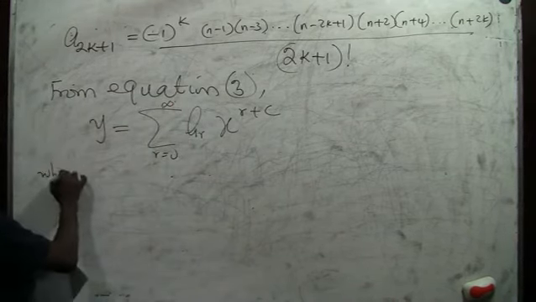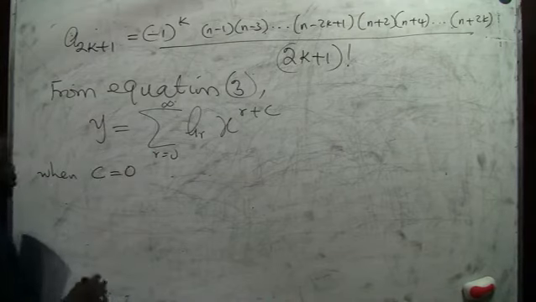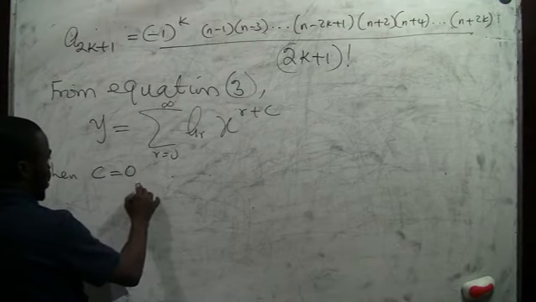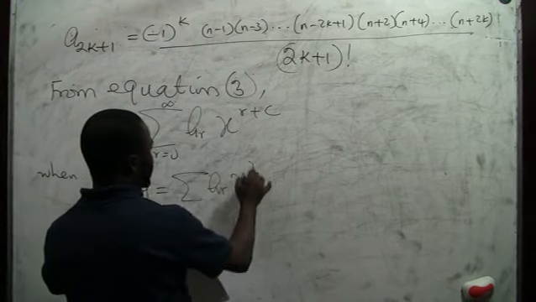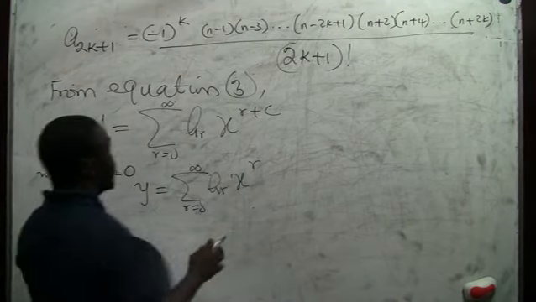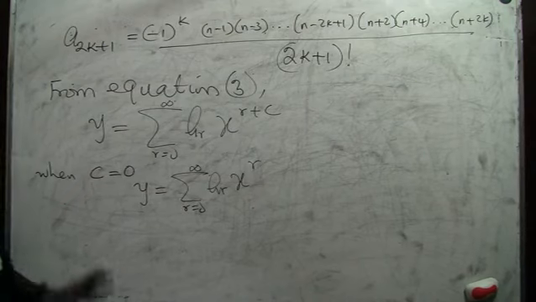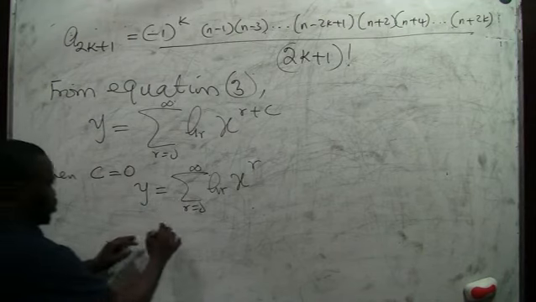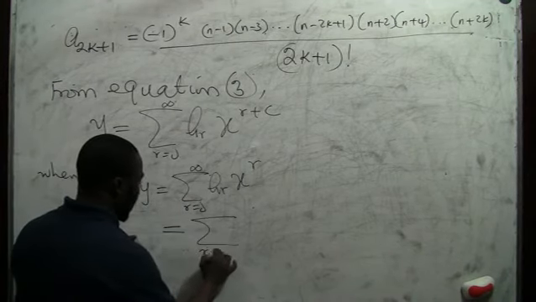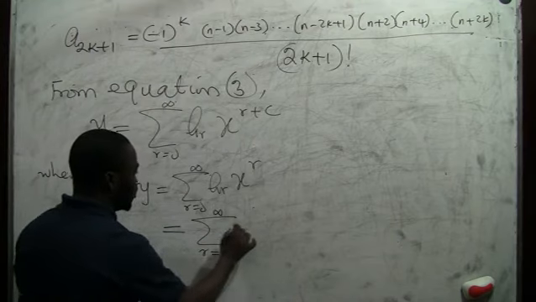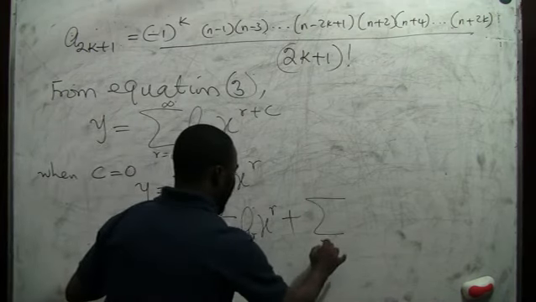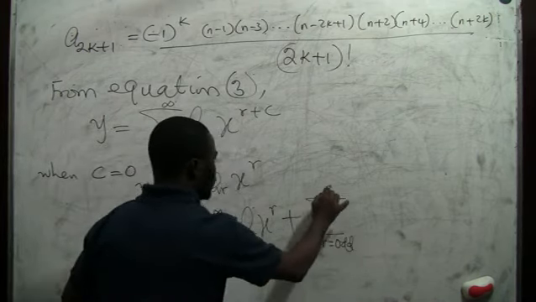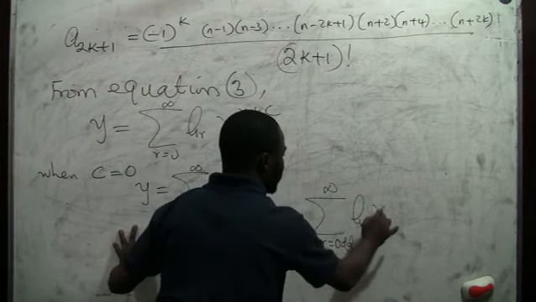Now, when c is 0, then what do we have? So this becomes y equals summation a_r x raised to the power r from 0 to infinity. Now observe, the coefficient of this is divided into 2. We have the even, we have the odd. So we can divide this into 2 by saying that this is summation r even to infinity a_r x to the power r plus summation r equals odd to infinity a_r x to the power r.